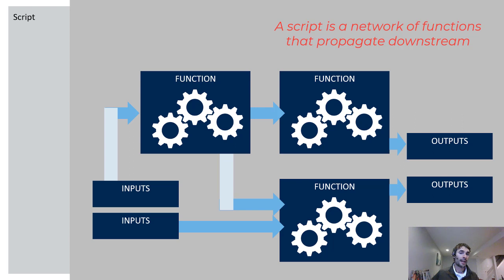We're able to look at those functions in parallel, in a network of functions that are able to propagate downstream outputs. Okay, so really that's what we're doing. We're tying those functions together in a logical way so that we can look at multiple things at one time instead of just straight input, function, output. Okay.